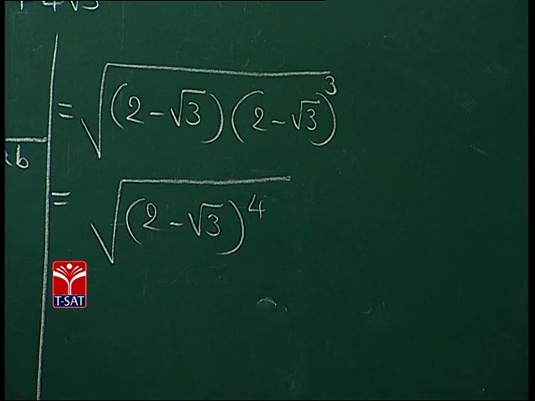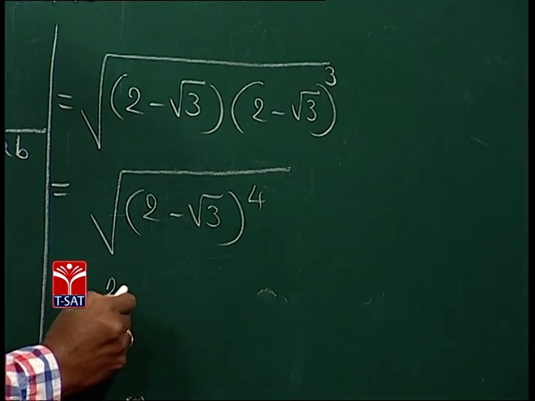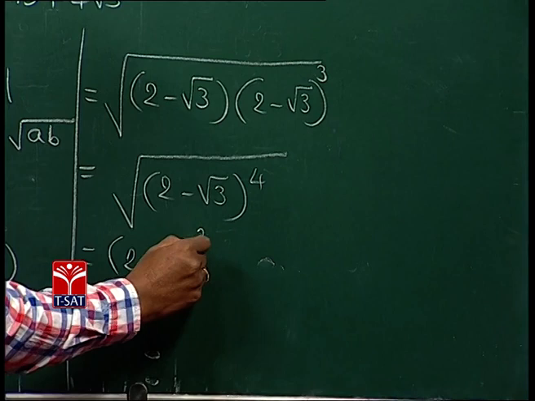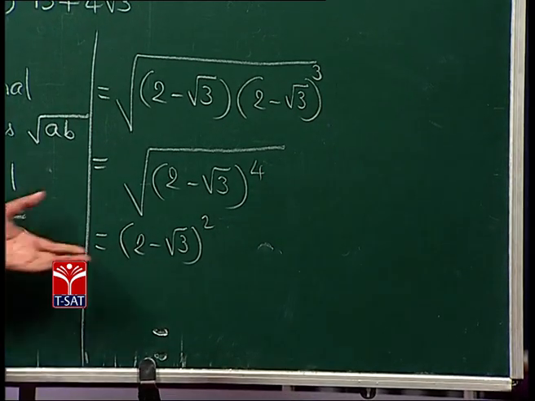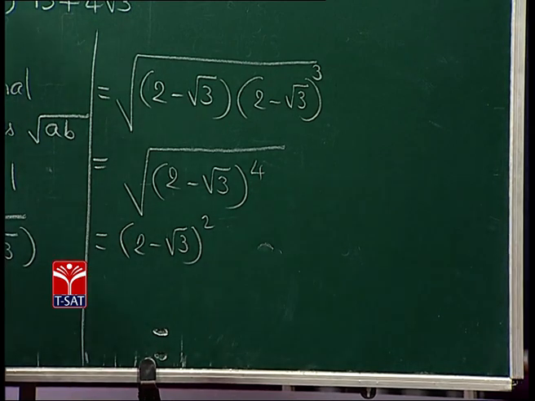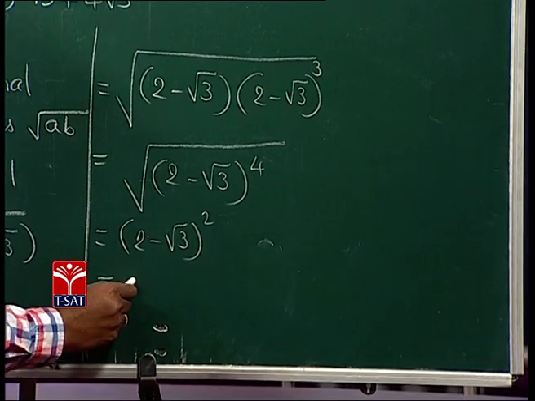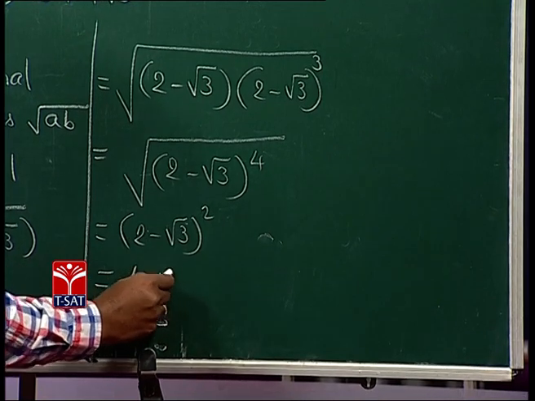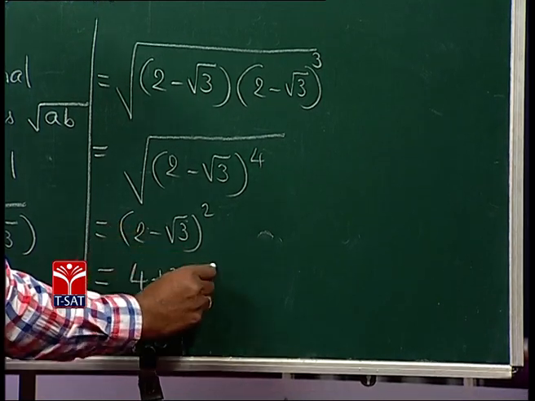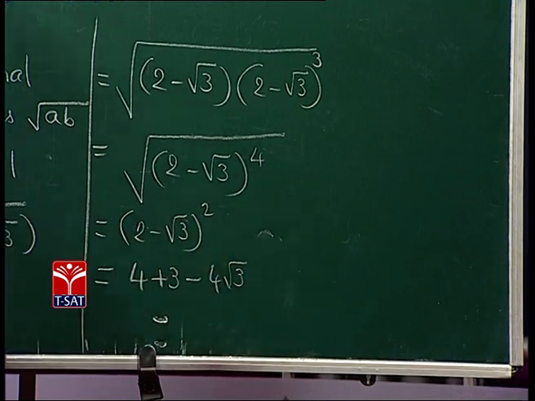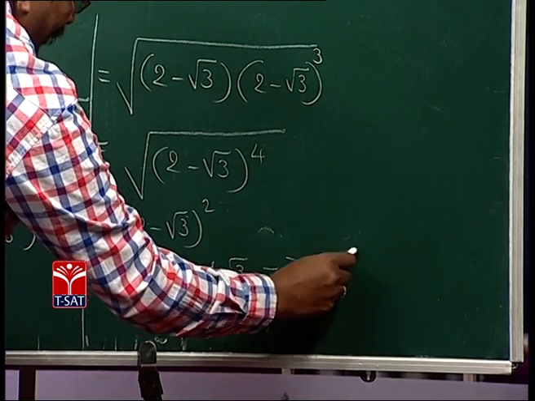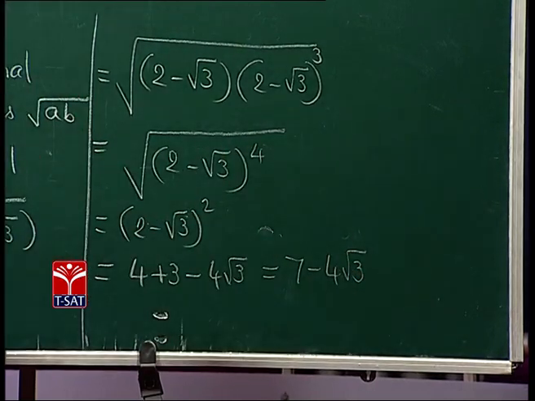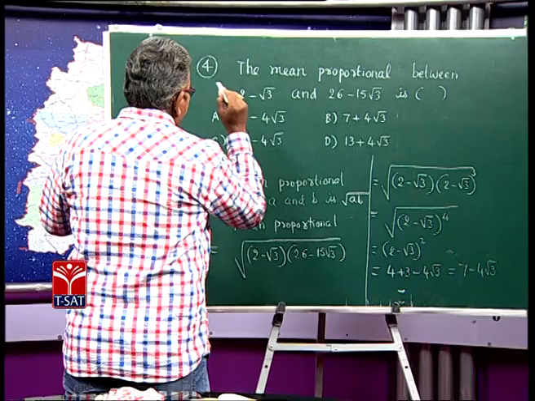Square root of 2 minus root 3 whole power 4 is 2 minus root 3 whole square. Just square it. That is the a minus b whole square form, which gives a square, 2 square 4, plus 3, minus 2 into 2, 4 root 3. This equals 7 minus 4 root 3. Okay, which is the right option? First one only. A is the right option.